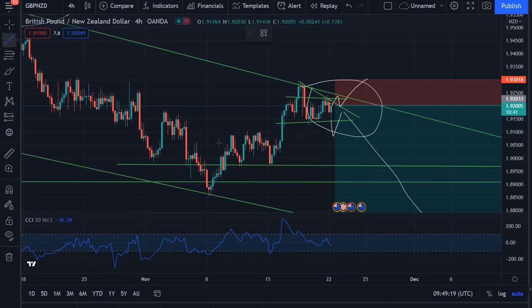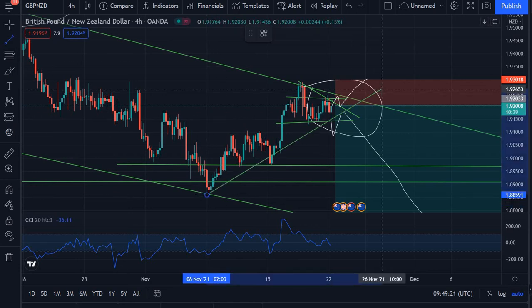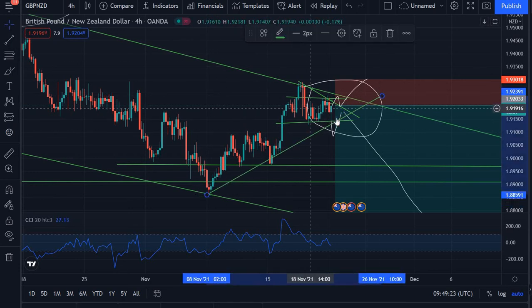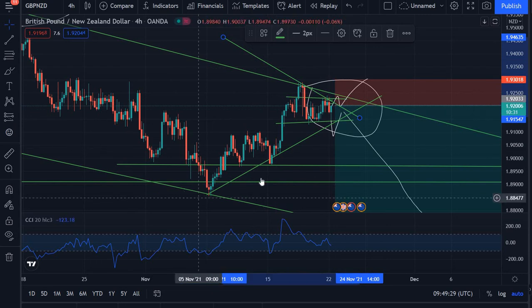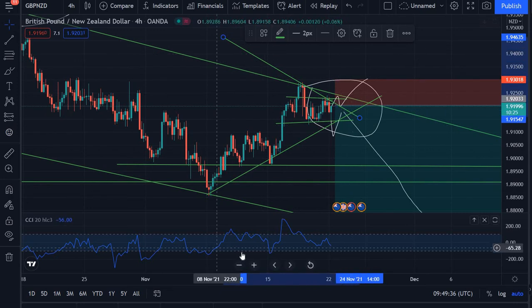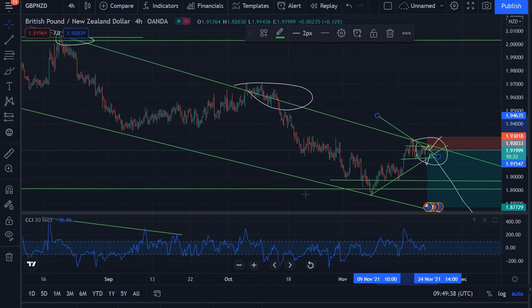But at the same time, we could here be forming a bullish uptrend. So this is why we have here two trend lines fighting each other, because we could suddenly see a turnaround and go higher or continue this move to the downside.